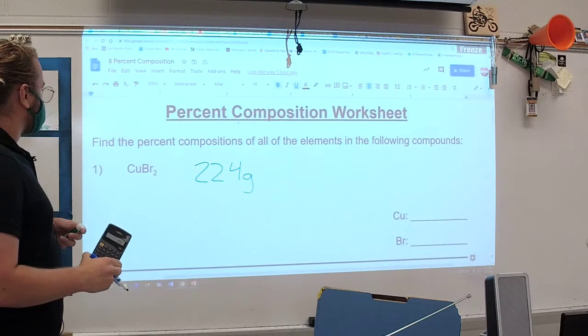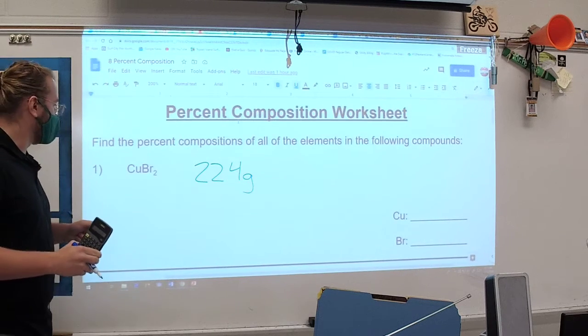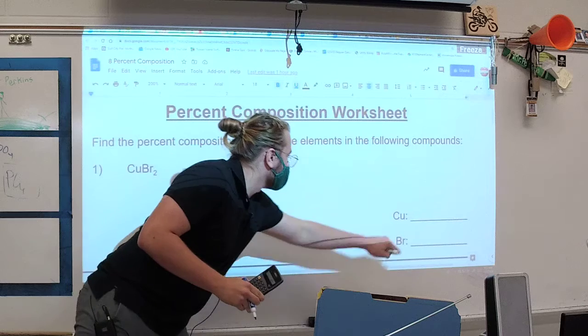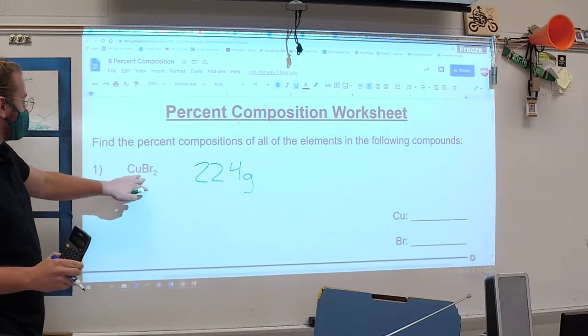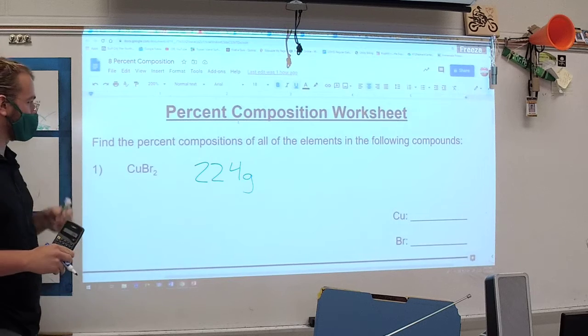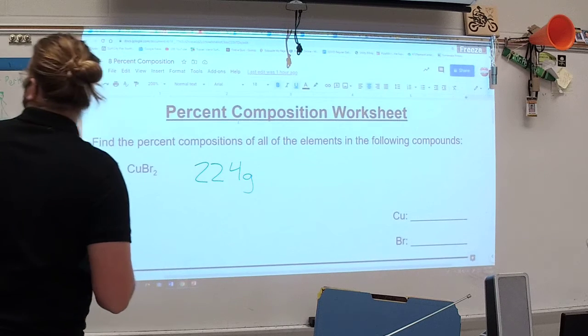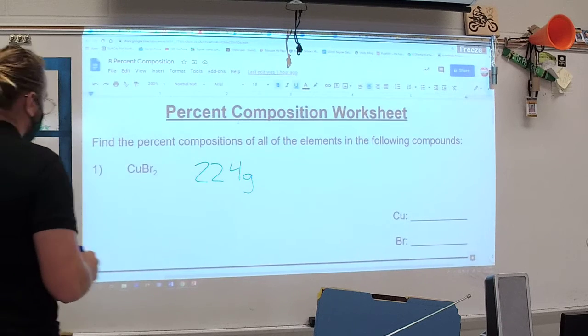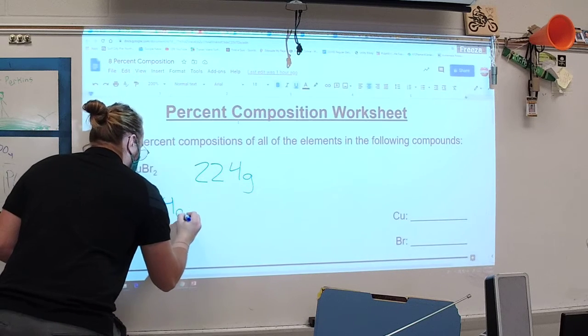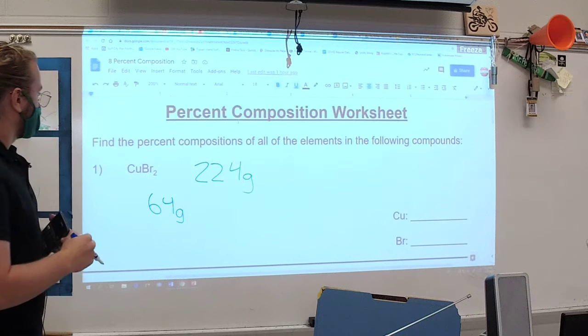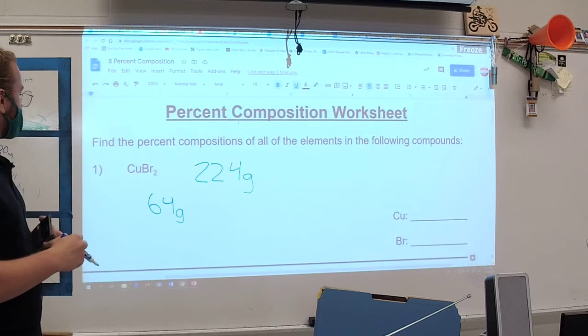We're asked to find the percentage of copper. What is the percentage of copper in this copper bromide? Well, how much does copper weigh? 64 grams. How do you think we can find that percentage?